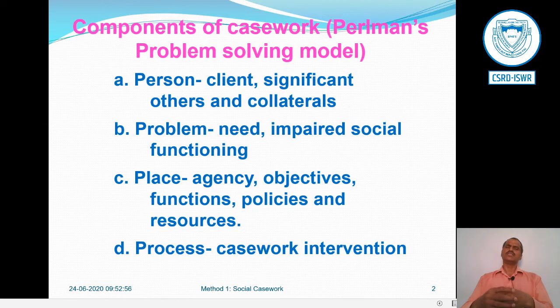So what is the social casework process, which is the fourth P of social casework? Process simply means intervention, or we can say the actual treatment.